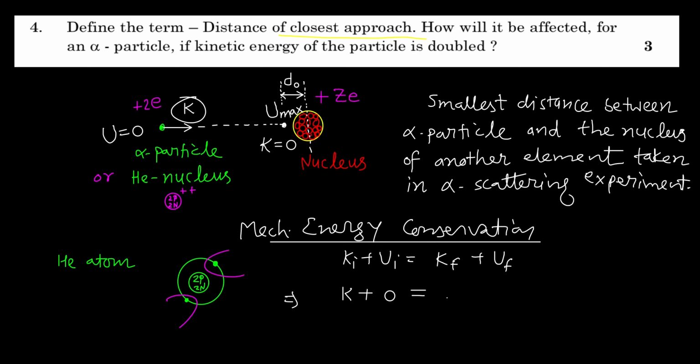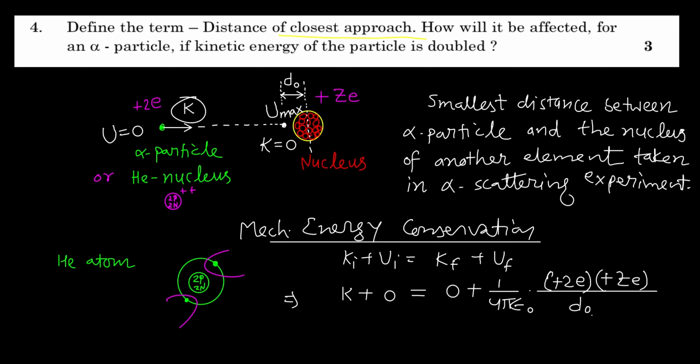So at this closest approach distance, kinetic energy becomes zero, plus what will be the potential energy at this separation? That will be, using the formula for potential energy of two point charges, 1 upon 4 pi epsilon naught Q1 Q2 upon R. So what is Q1 here? Plus 2e, the charge of the alpha particle. What is Q2? Plus Ze of the gold nucleus or any other element, divided by the distance.